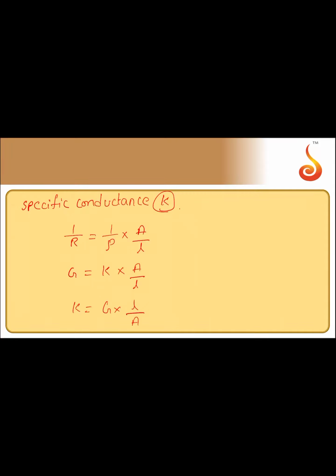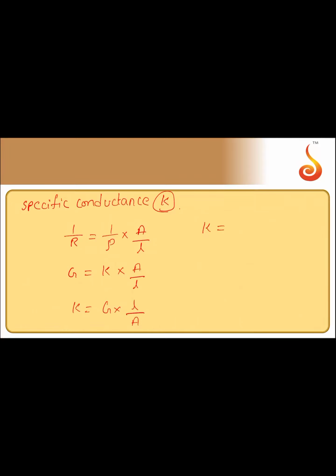Next, the unit of conductivity or specific conductance, K. We can take the equation 1 by R is equal to 1 by rho into A by L, where 1 by R is G and 1 by rho is K. From this, K is equal to G into L by A, as we already know.